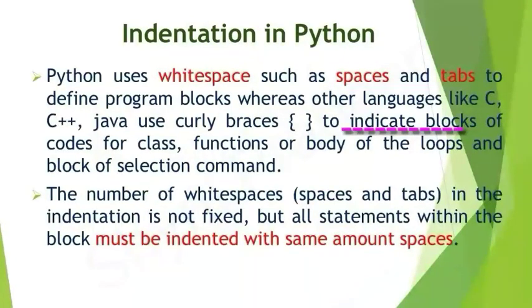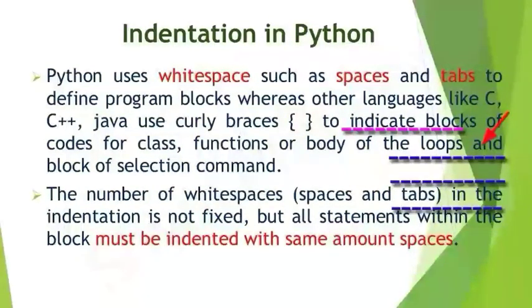Next you don't need to give curly braces. Instead, you have to give blank space. This is one statement. This is another statement. This is another statement. See here, some white space is given here, here also some white space. These all three statements have the same amount of white space.